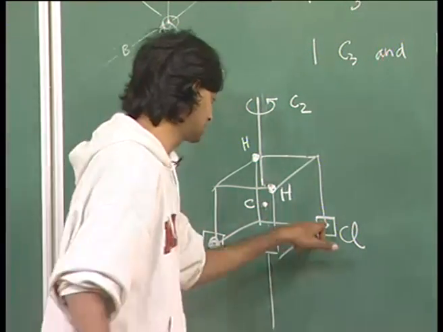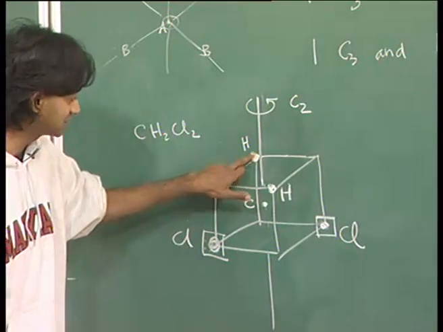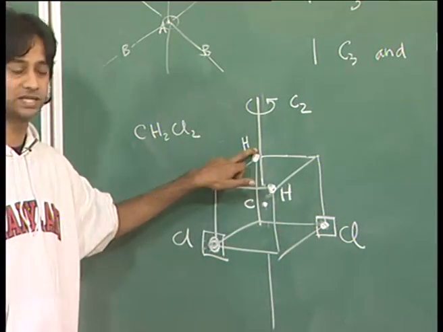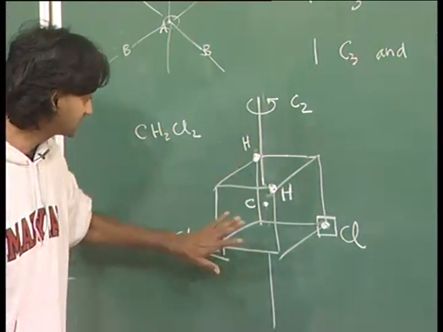So, this chlorine will come here and this chlorine will come here. Similarly, this hydrogen will come here and this hydrogen will go there. So, overall this is a C2 axis.